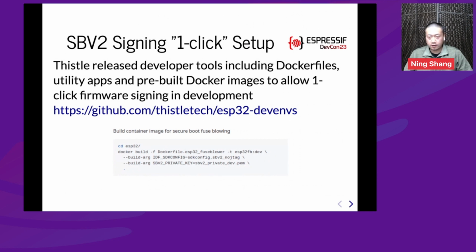Here is the GitHub repo that we open sourced to allow this to happen. Firmware signing essentially becomes one Docker build command, which you can see here. You can override the SDK config and your private key as build arguments in Docker build.